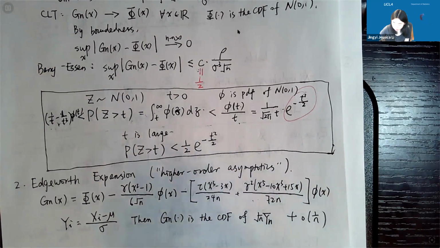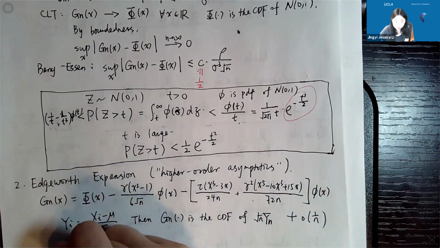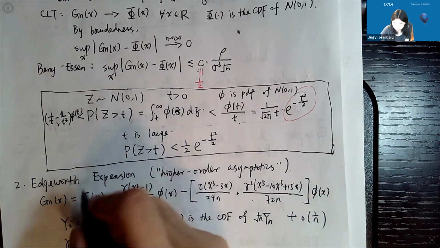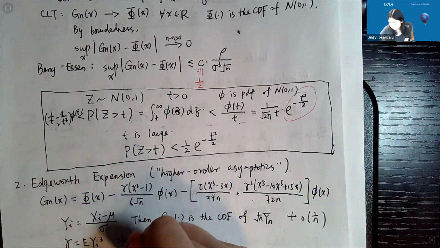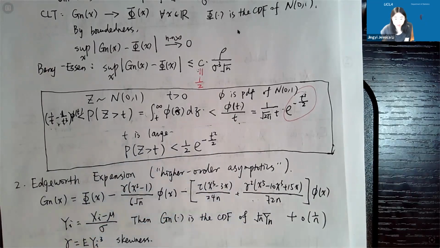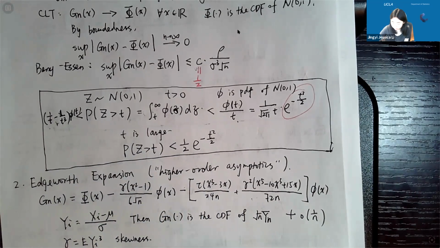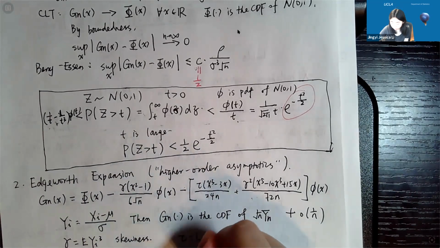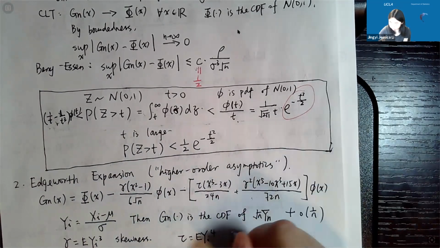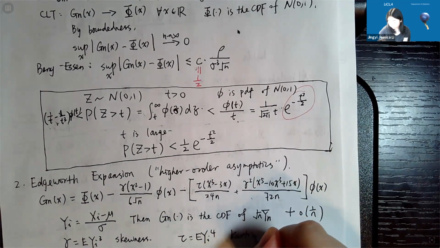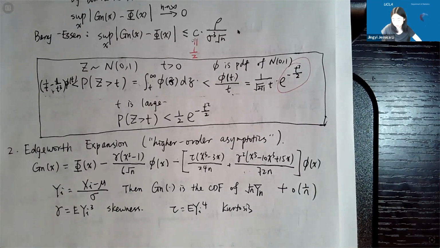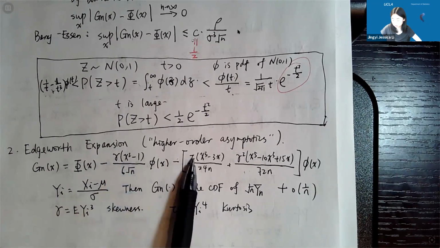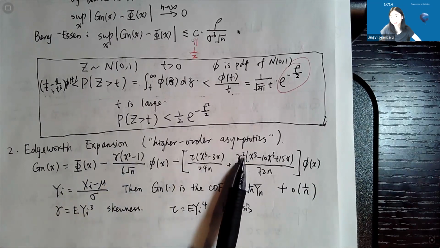And we call gamma the expectation of Y_i cubed. This is the skewness. And we have tau as the expectation of Y_i to the fourth. This is what we call kurtosis. So you see, both are related to the original distribution of X_i. And the skewness is here, the kurtosis is here, and the skewness squared is here.